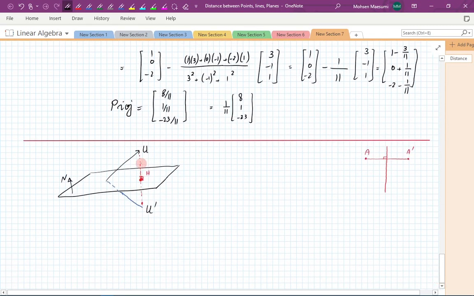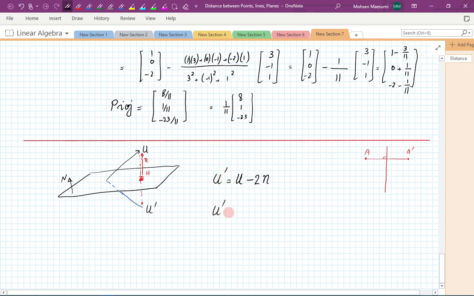So that was all there was to it. If this is, let's call this vector little n, if I take u and subtract n, I've come to h. If I subtract another n, I come to u prime. That's my formula for u prime.